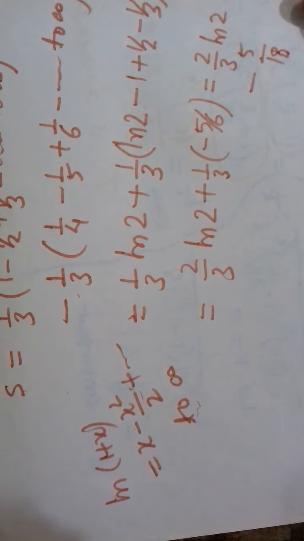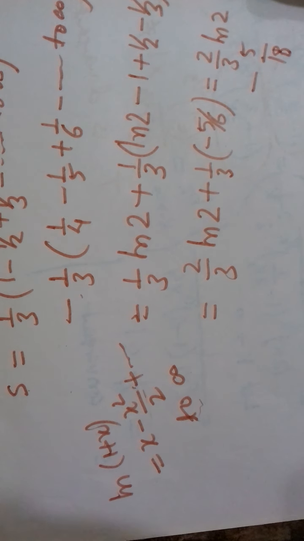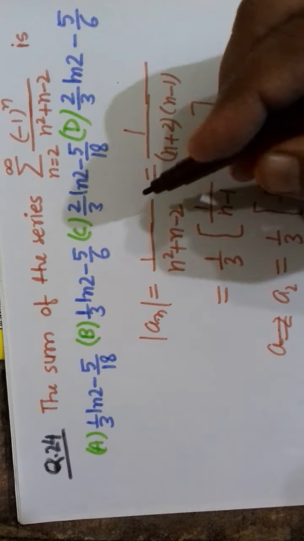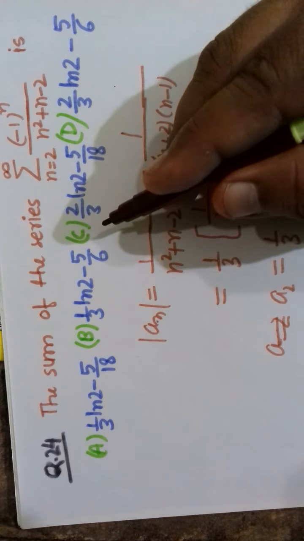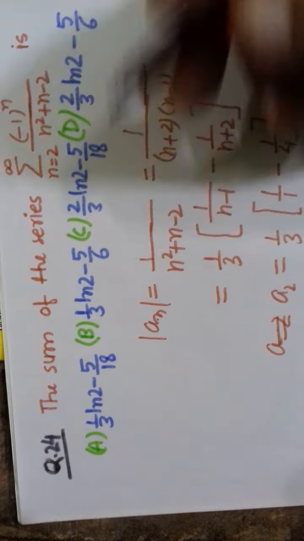So 2 by 3 ln 2 minus 5 by 18, and this you see in C. So C is our correct option.